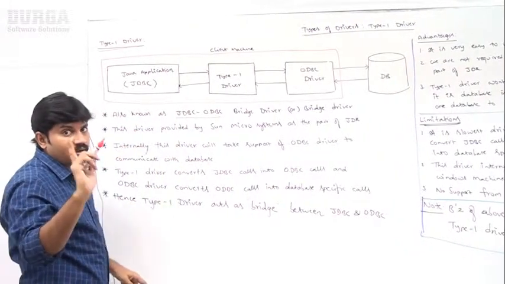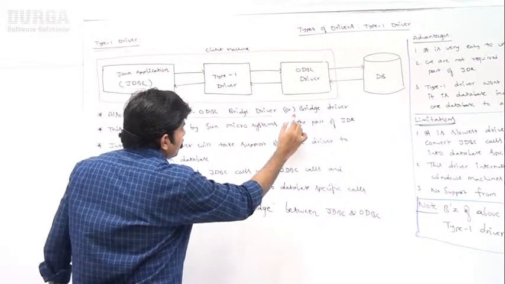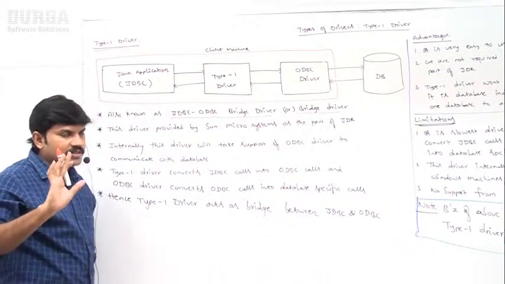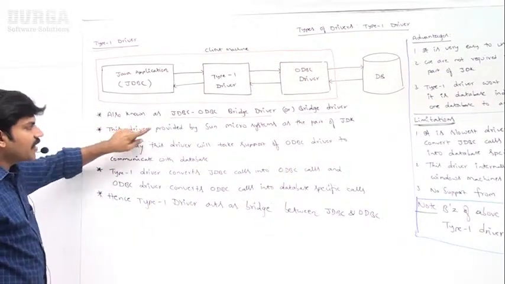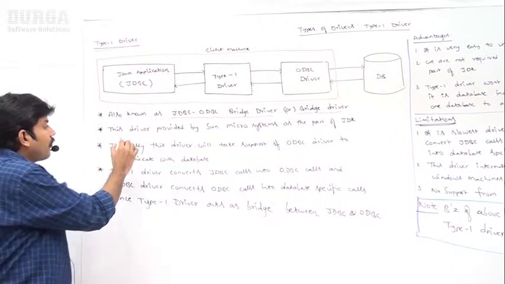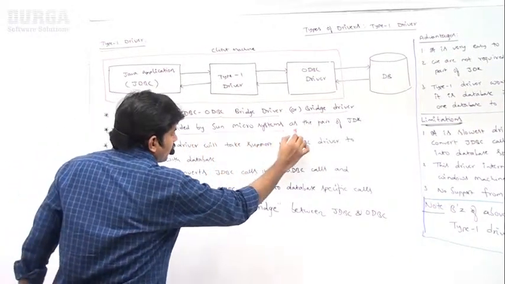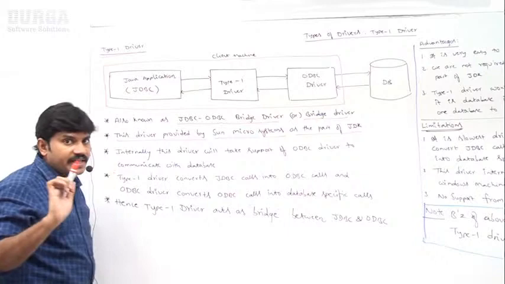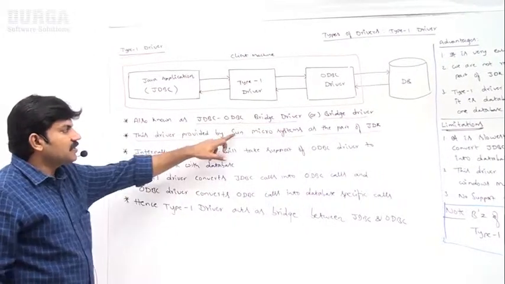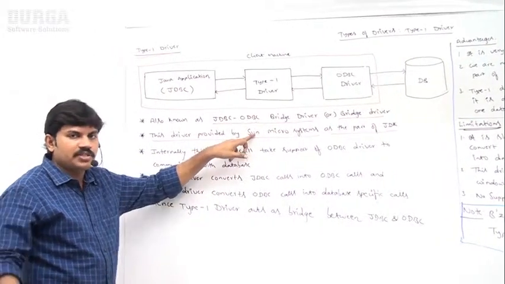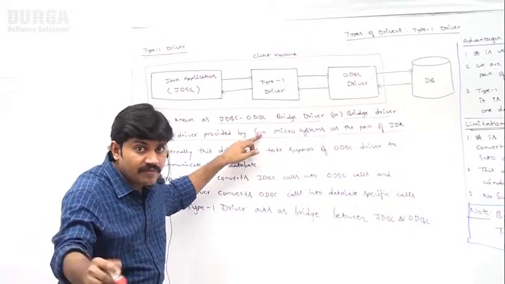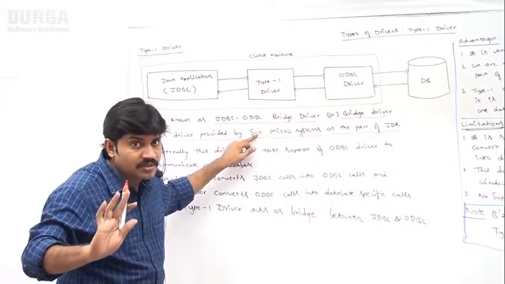I covered it already: JDBC ODBC bridge driver, or simply bridge driver. Next, who provides this driver? Sun Microsystems, as part of the JDK. Once we install Java, this driver automatically comes. We are not required to install it separately.